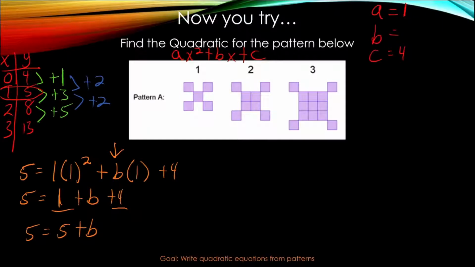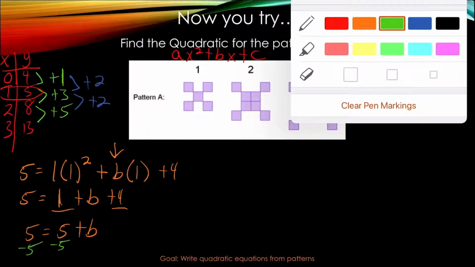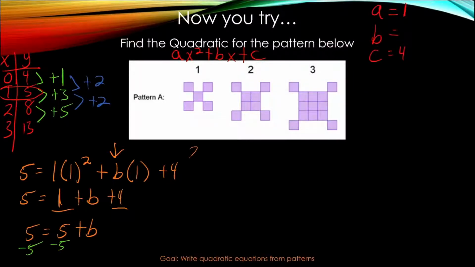Subtract that 5 from both sides. And we get 0 is equal to b. And you're thinking, man, why is b 0? It's just how it worked out for this quadratic relationship.